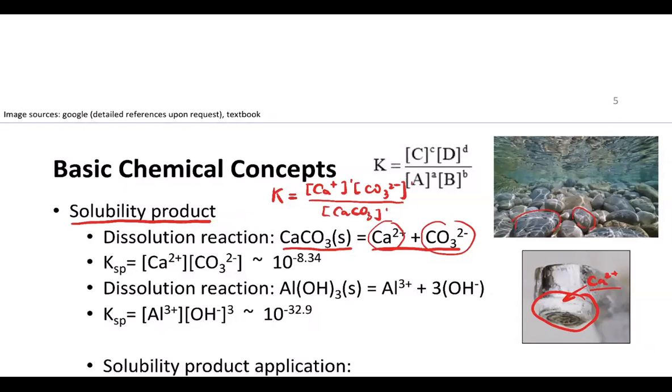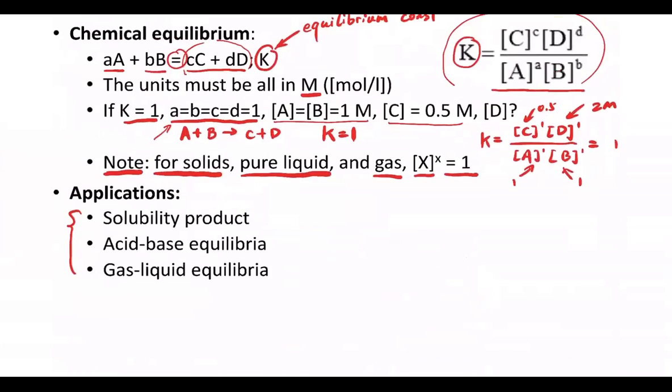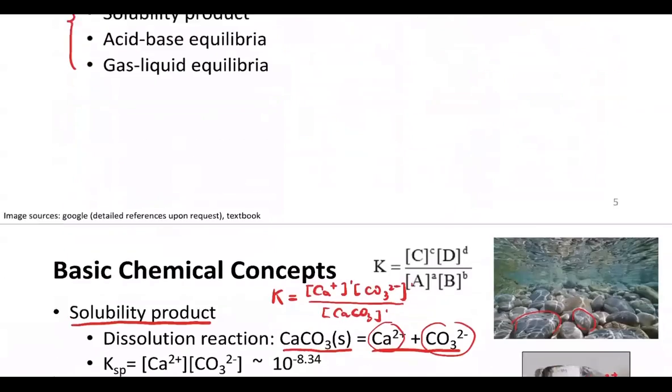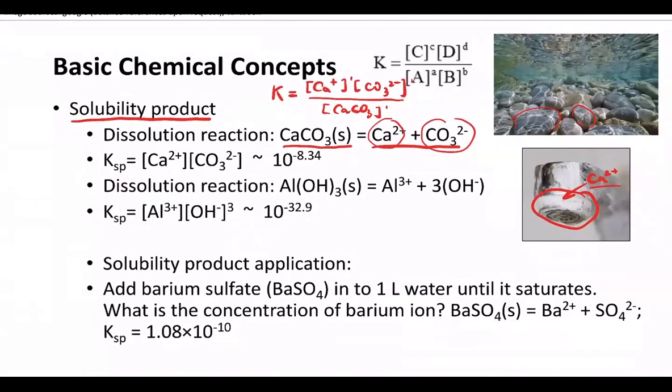Further, if you follow the note that we mentioned here, for solids, pure liquids and gases, their terms should be equal to 1. So basically, the concentration of this solid to the power of the coefficient should be equal to 1. If we apply that to this dissolution here, then this term in the denominator should be 1, right?